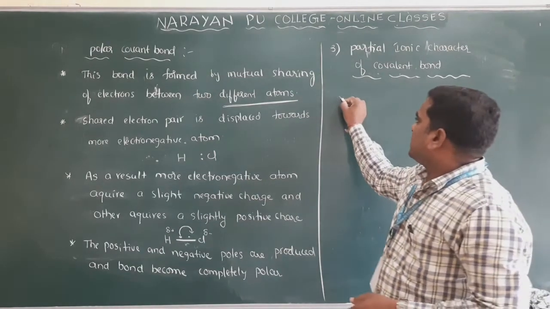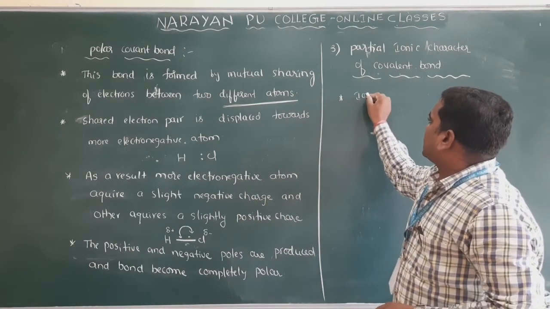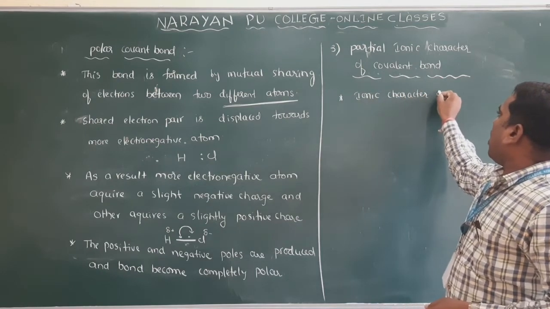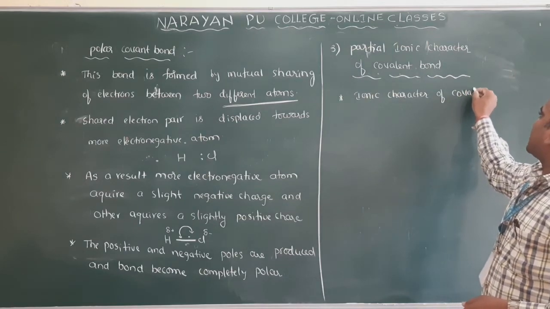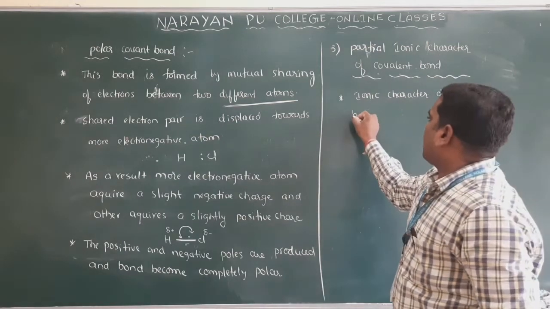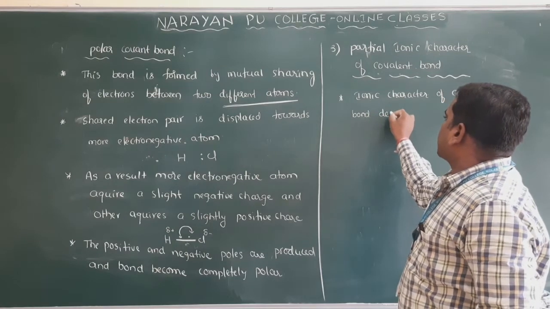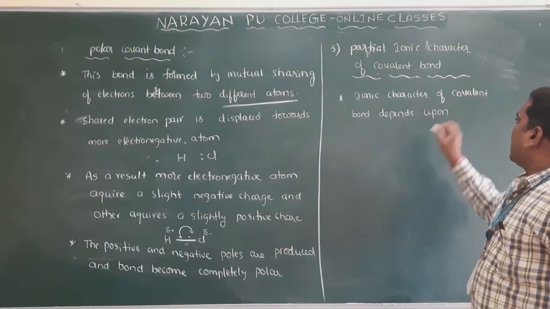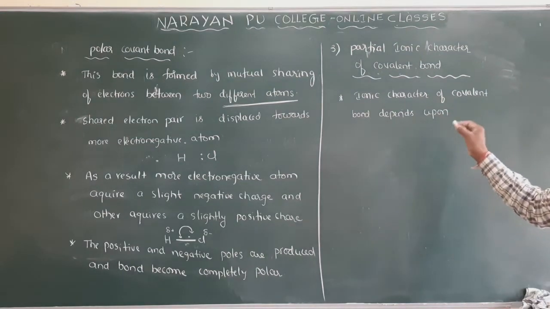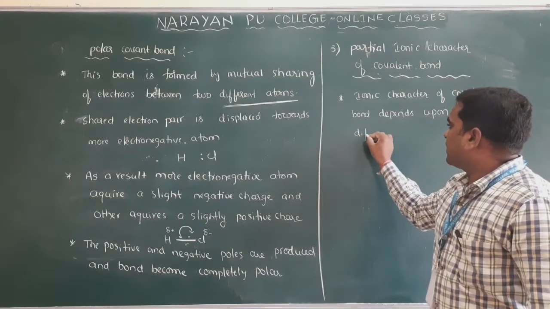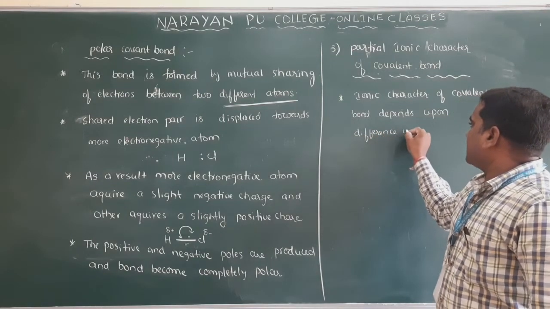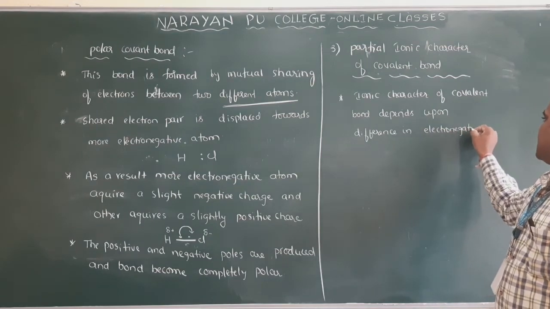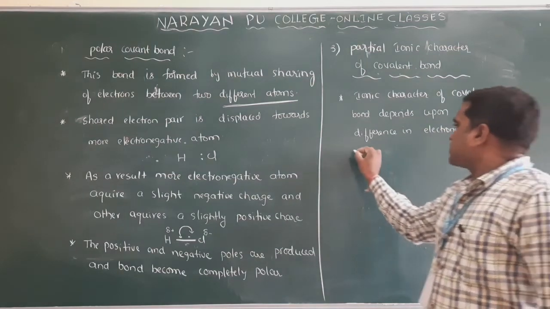So here, ionic character of covalent bond depends upon the difference in electronegativity of two atoms.